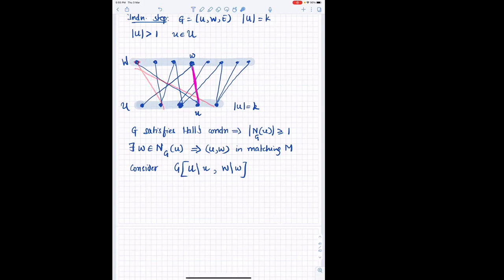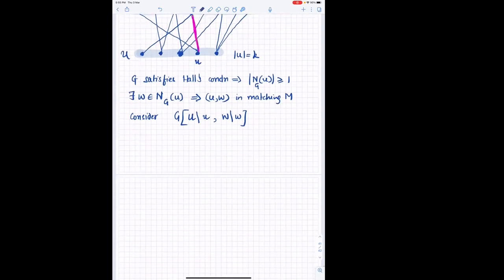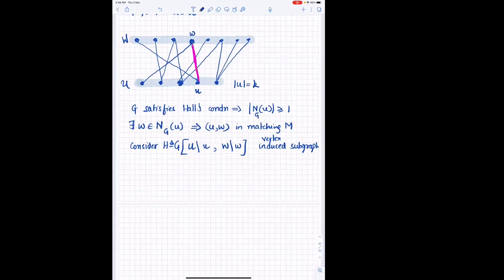here or here. So we saw this earlier, this is called an induced subgraph. Sometimes called a vertex induced subgraph. So you usually write only the vertices. You don't write down the edges here. You just write down what vertices are there in the subgraph. So H is the subgraph, where you remove U from the set U, W from the set W, and all incident edges.